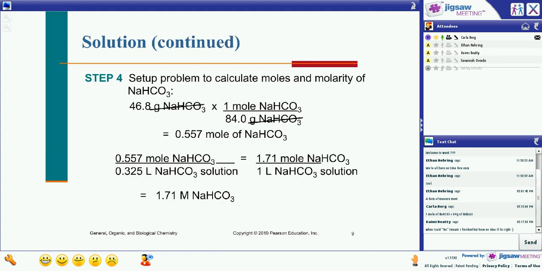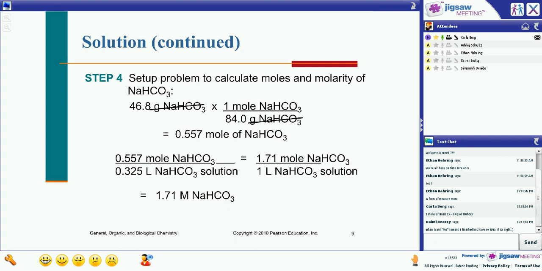So let's take a look. We are going to use 46.8 grams of NaHCO3 times 1 mole of NaHCO3 per 84 grams of NaHCO3.